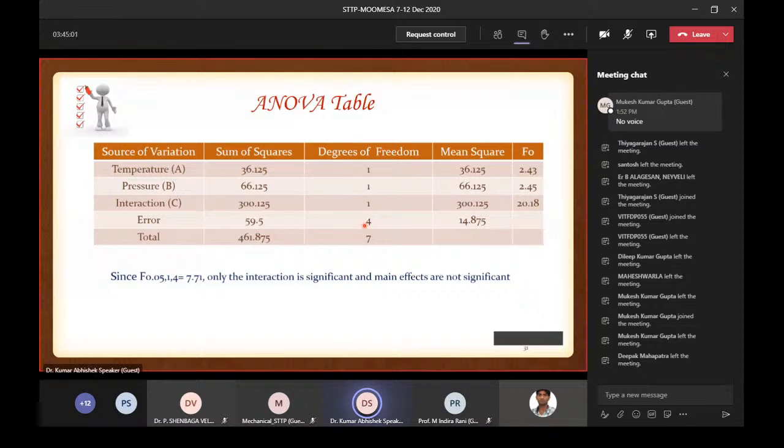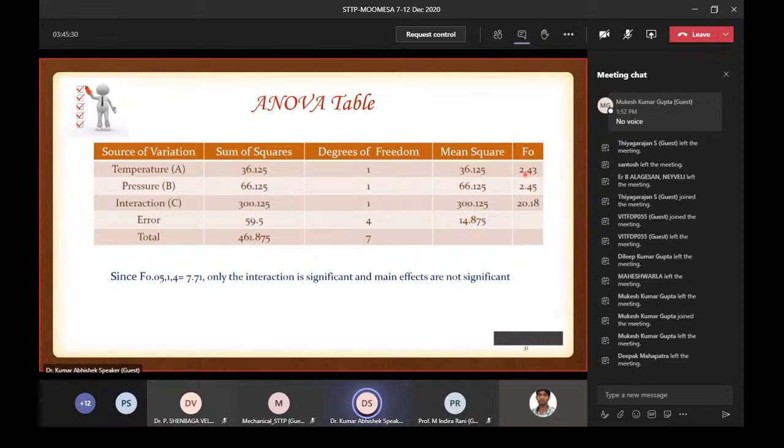Now if you find the mean square, it is the sum of square divided by the degree of freedom, that is 36.125 divided by 1, that is 36.125. Similarly for the pressure and the interaction, and for the error it is 59.5 divided by 4, that will give 14.875.